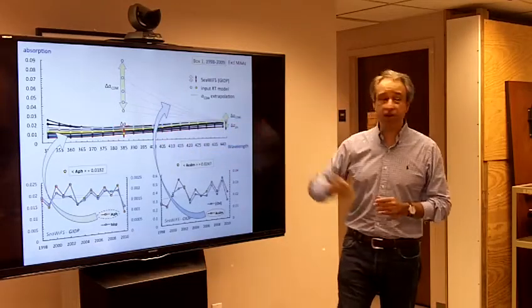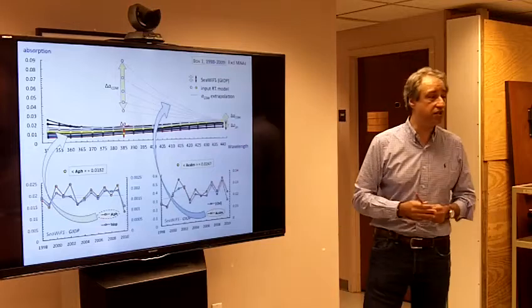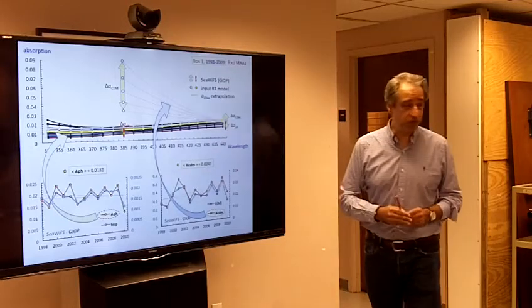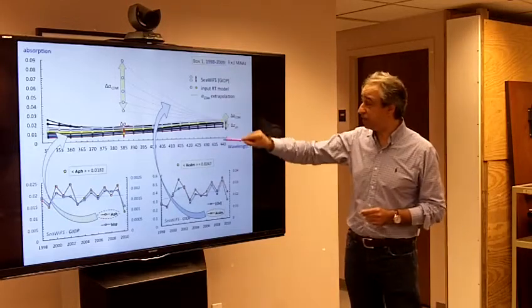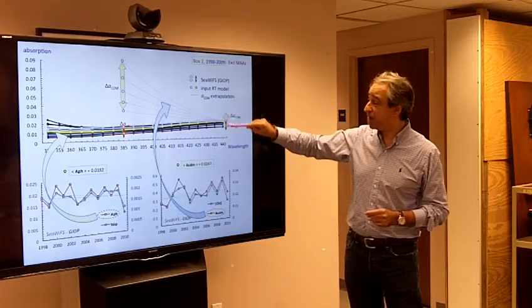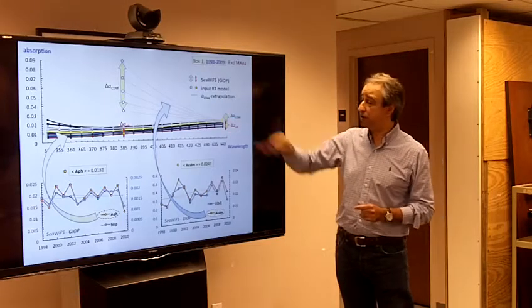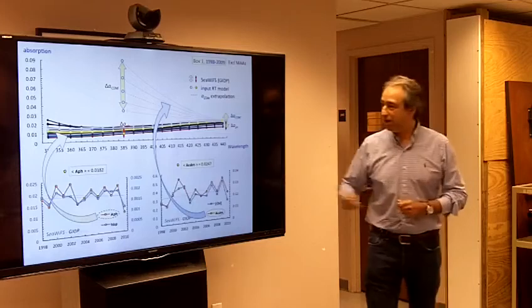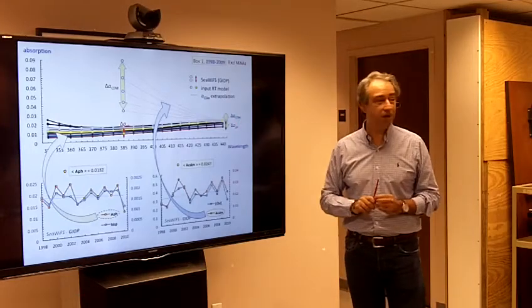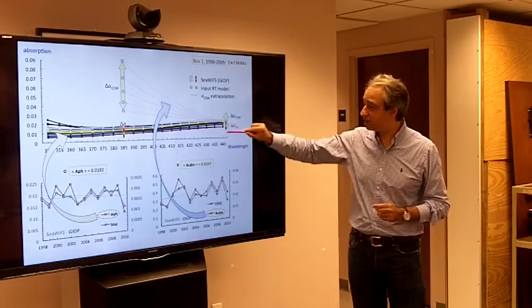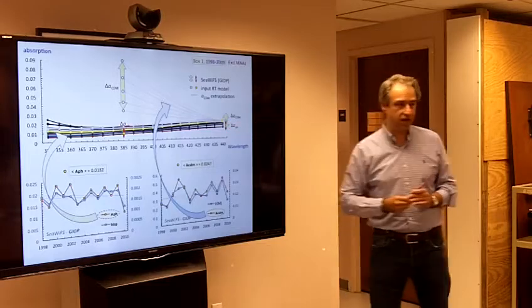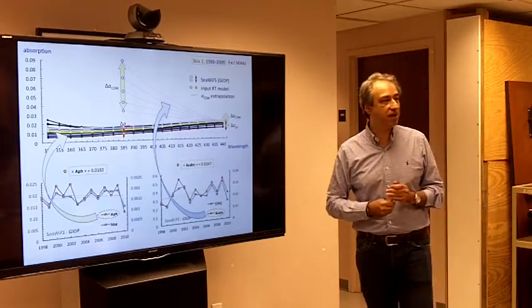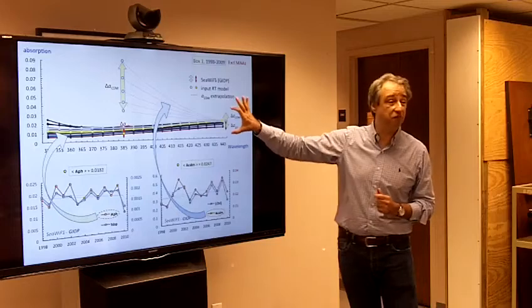By the way, this figure also shows you the problem that they're facing when they're only doing remote sensing in the visible part of the spectrum, which is here. This big arrow shows the variation in absorption by CDOM, and this red arrow shows the variation in absorption by phytoplankton. You see that they overlap very much.